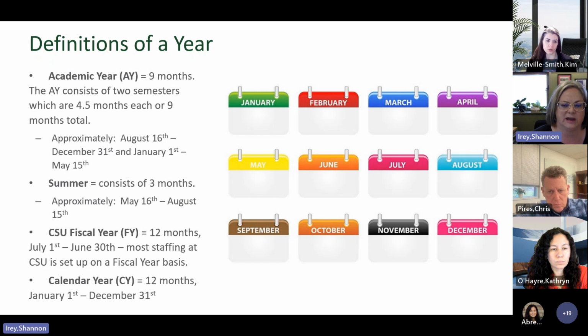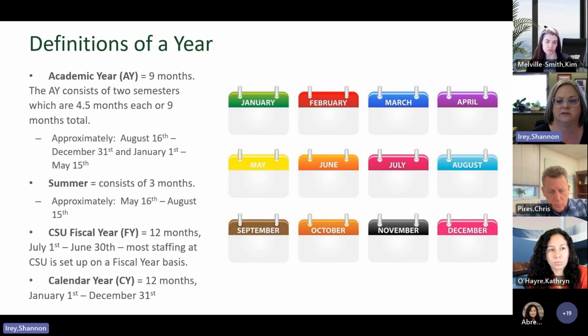Also, during the academic year, students on assistantships, fellowships, and training grants are typically paid 50% of their FTE salary, with the expectation that the other 50% of their time during the academic year is going to be dedicated to classes and coursework.